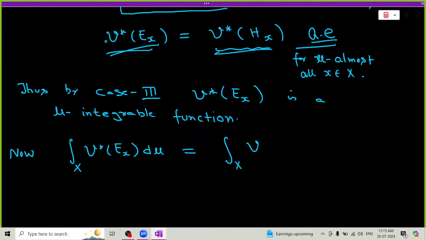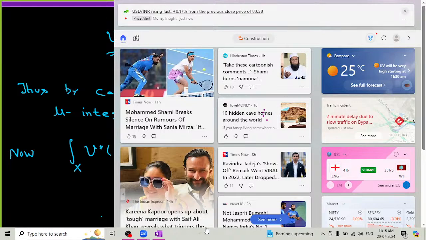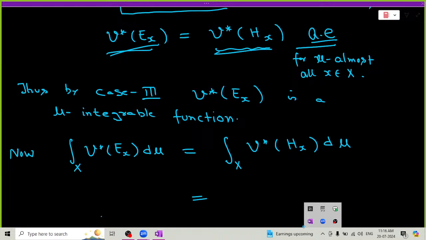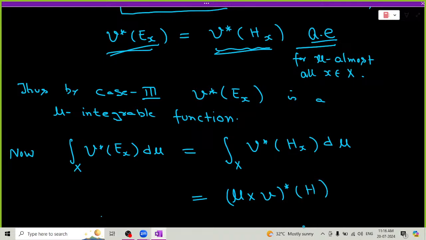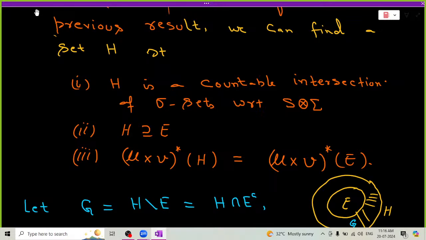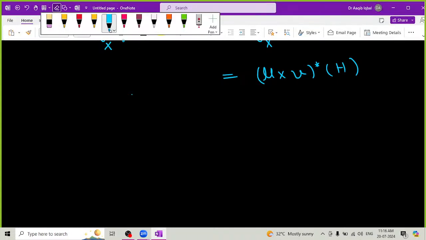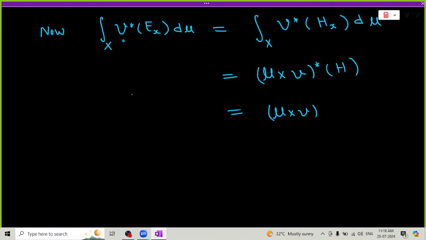Integral over x nu star of h sub x d mu, and h sub x being countable intersection of sigma sets. तो इसके लिए क्या होगा बेसिकली, इसका जो इंटीग्रल है nu star h sub x, this will be equal by case 3 to mu cross nu star of h, and mu cross nu star of h ये ऊपर हमने लिख के रखा है, यहाँ देखिए. mu cross nu star of h is same as mu cross nu star of E. Which is same as mu cross nu star of E, and that proves the theorem completely.